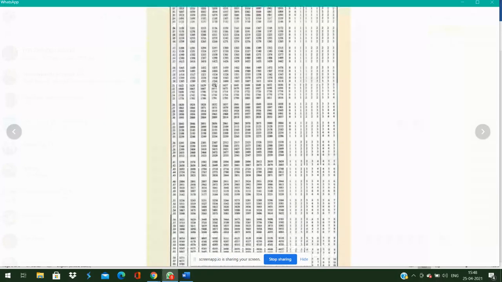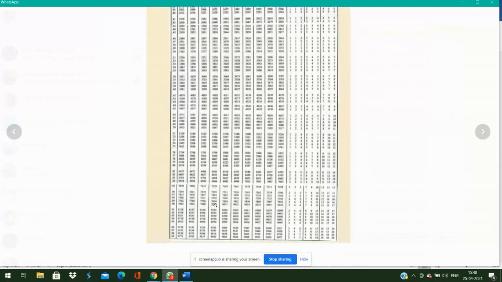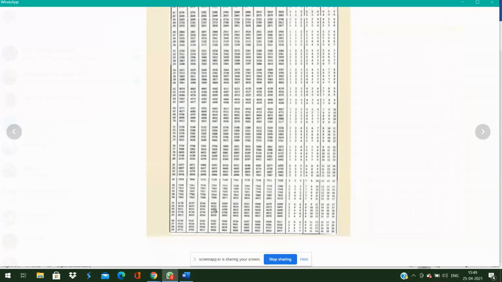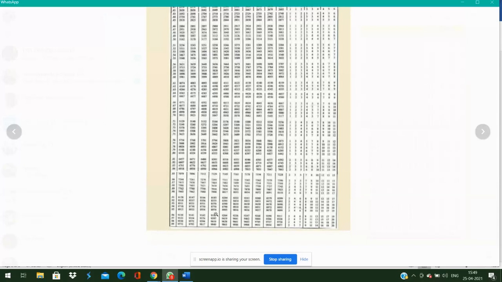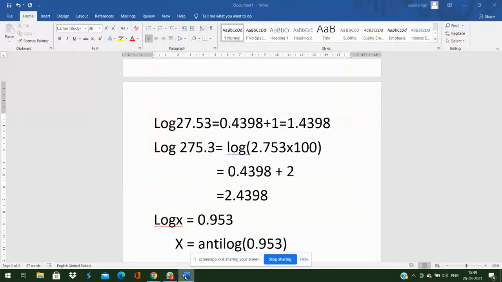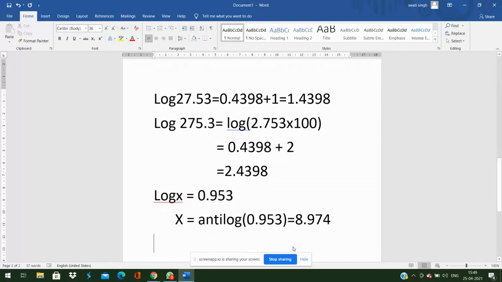So 3 is here, and in this line you move towards 95. It has been given 8974. It will be just the opposite of log. One digit in the answer will be before the decimal, so 8.974. Its answer will be 8.974. It's very easy.